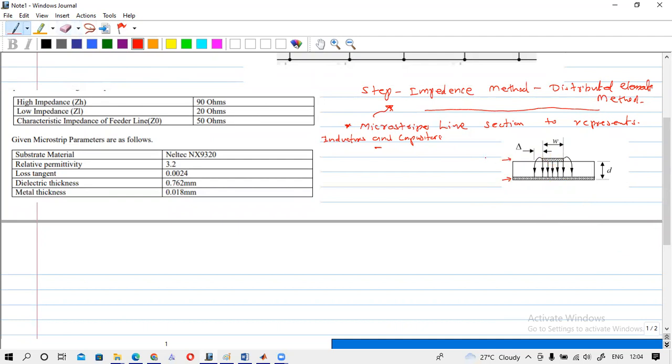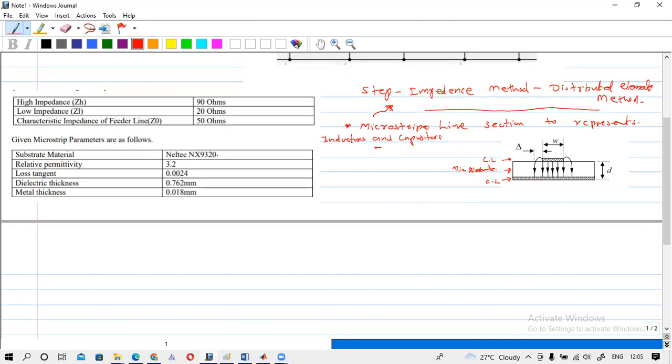So these are copper layers, and between these two copper layers we have a dielectric material. So this is a substrate. There are many substrates that can be used for high frequency design.